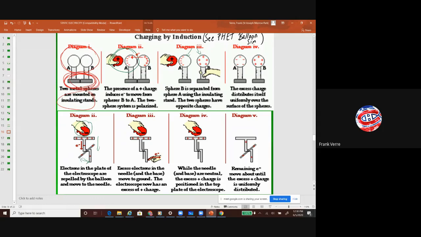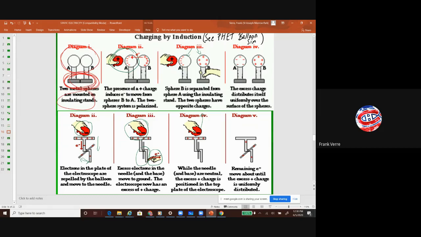Now, if I touch the bottom, what happens is because this bottom has a lot of electrons, the electrons are going to want to move into the hand. Right? They're going to try to get away from the negative, I guess it's a balloon in this case. And then when I pull the hand away and then remove the charged object, think about what happened to the electroscope now, right?